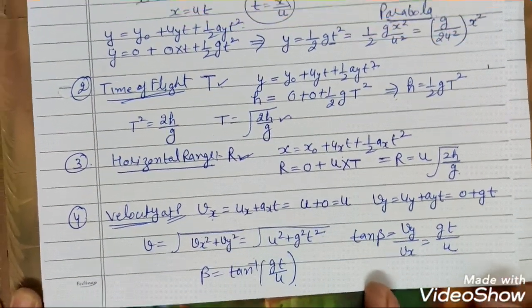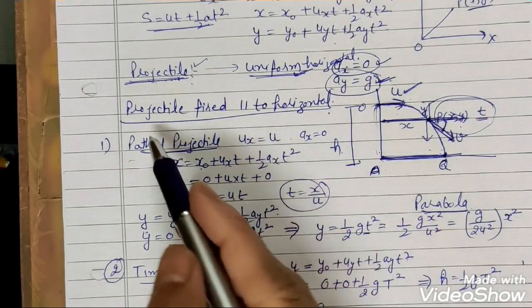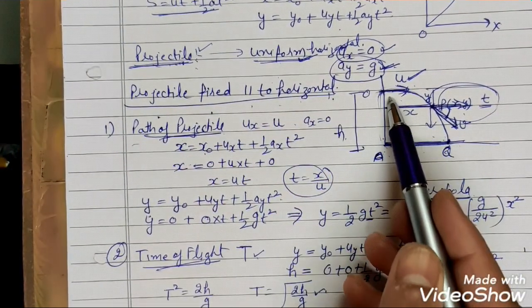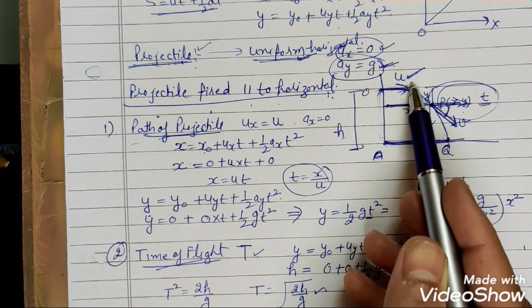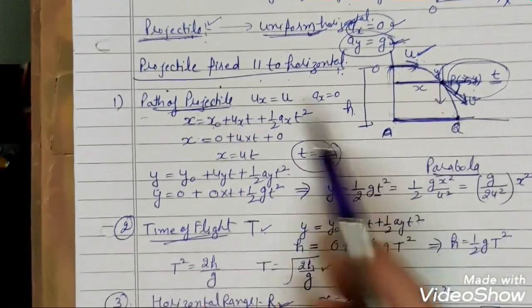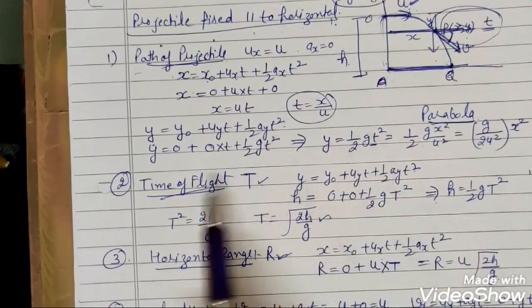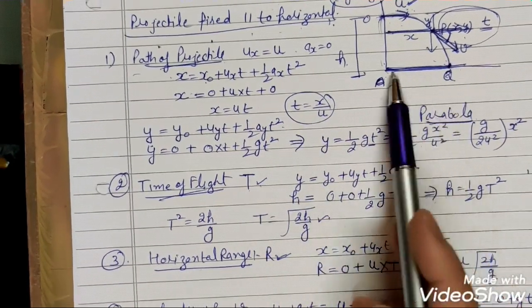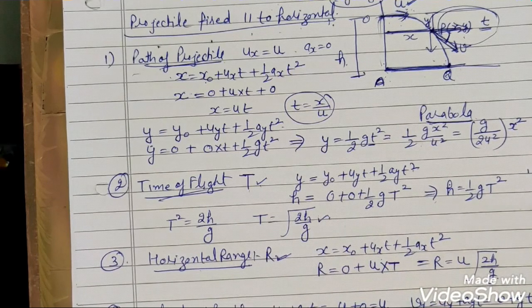So these are the terms where we are considering the projectile fired parallel to the horizontal. First we say it is a combination of two velocities, horizontal remains constant, vertical is changing, the path is parabolic; then time of flight, the total time taken; horizontal range, the horizontal distance; and the velocity.